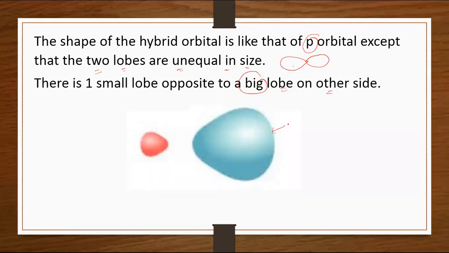So this is a big lobe, and this is a smaller lobe. They are not identical like in a p orbital. One lobe is smaller and another one is bigger in size.